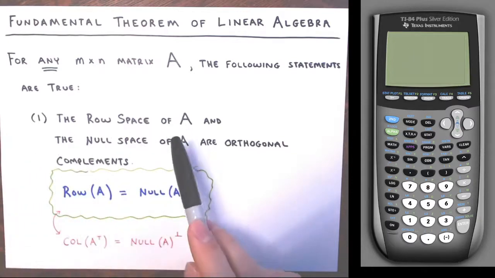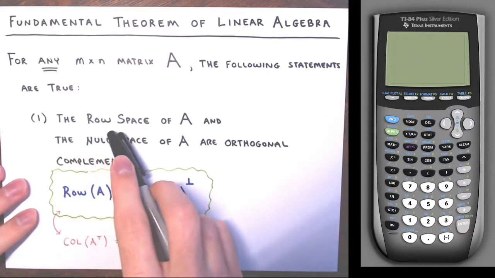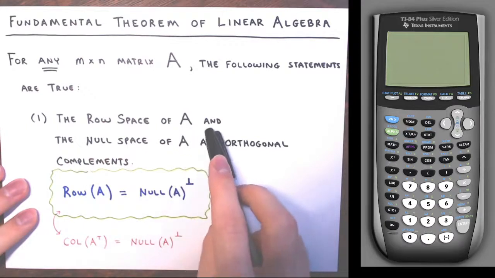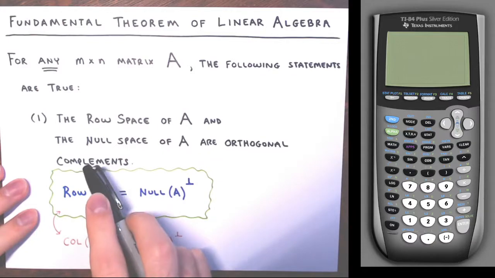And really the most important one is this first one, because I'll show you in a second how the second statement really just comes from the first statement. The row space of A and the null space of A are orthogonal complements.